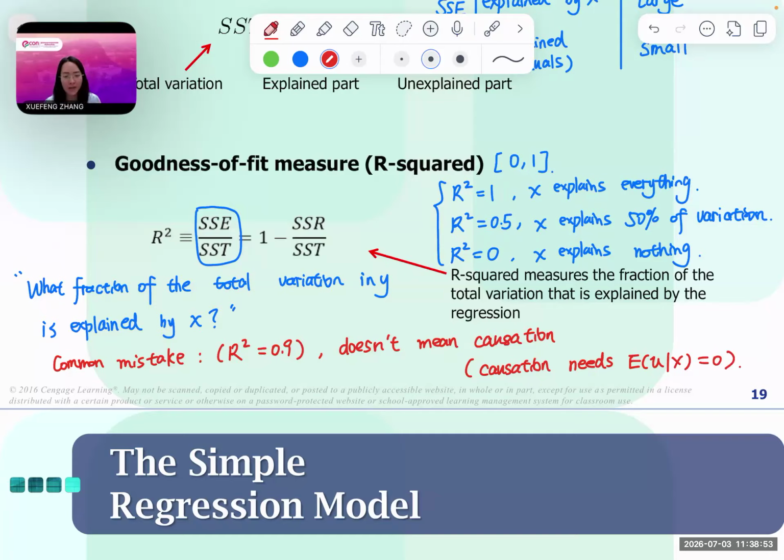Higher R squared does not mean causation. It just means good fit.